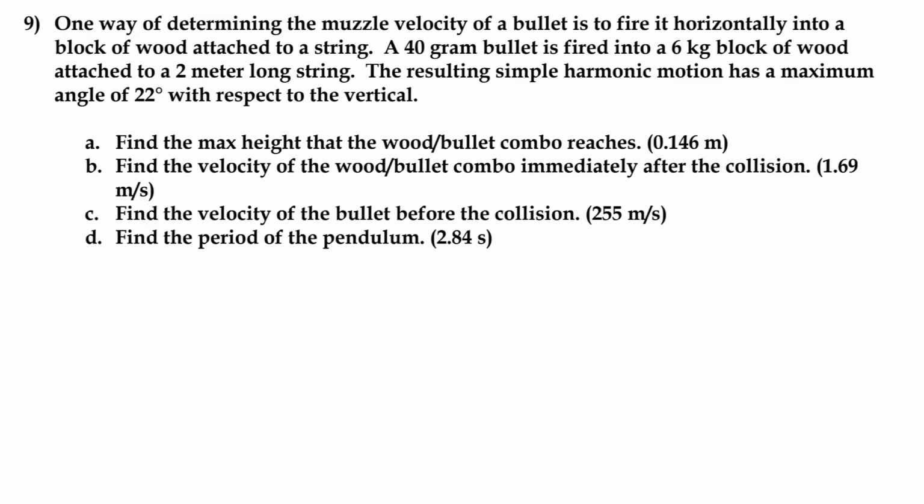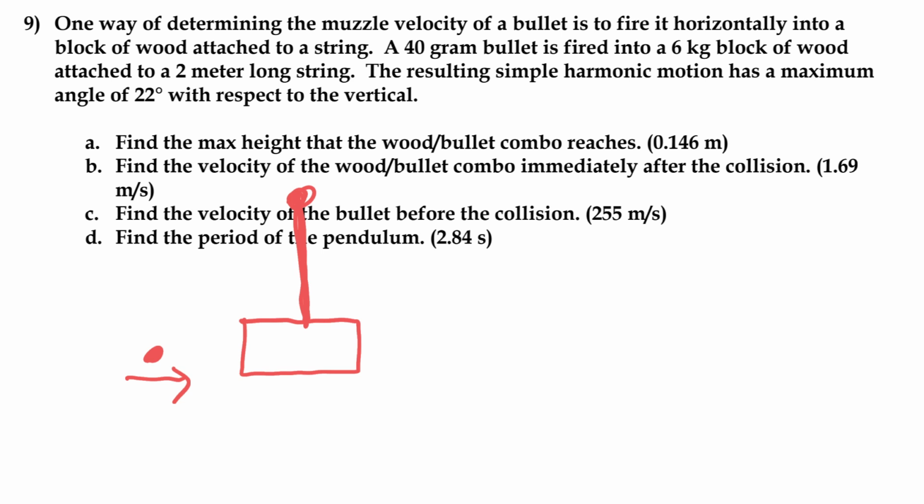So this problem is what we refer to as a ballistic pendulum. Essentially what we do is we fire a bullet into a block of wood, and we typically have that block of wood attached to a string or something where the wood can pivot, where there's a pivot point right here.